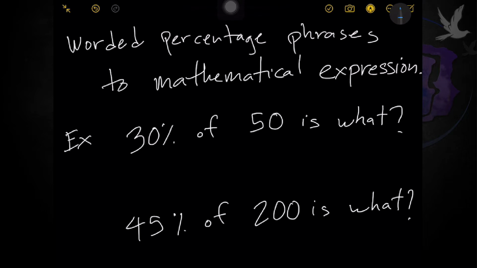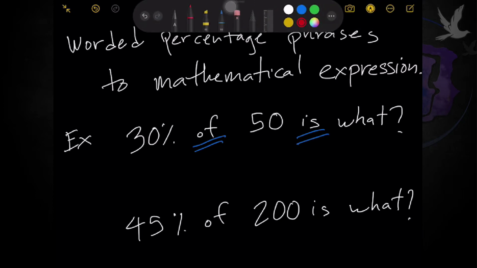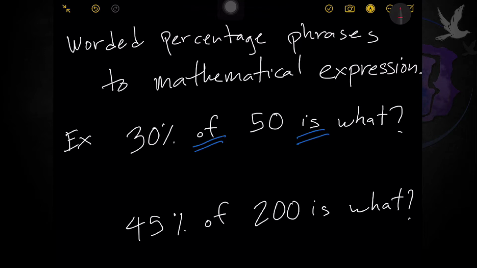Okay, so for this kind of phrases or sentences, you need to be familiar of the keywords here: of and is. Okay? Yan ang dalawang keywords ninyo. Of and is.